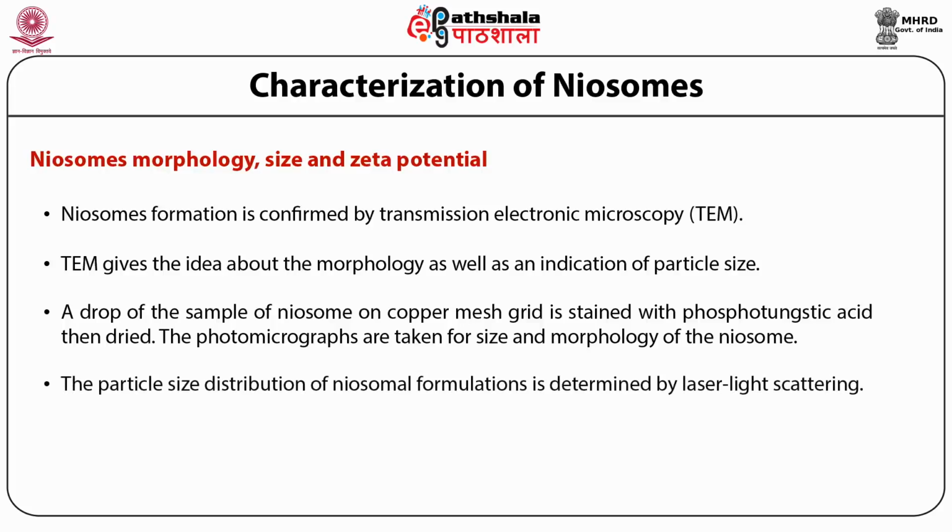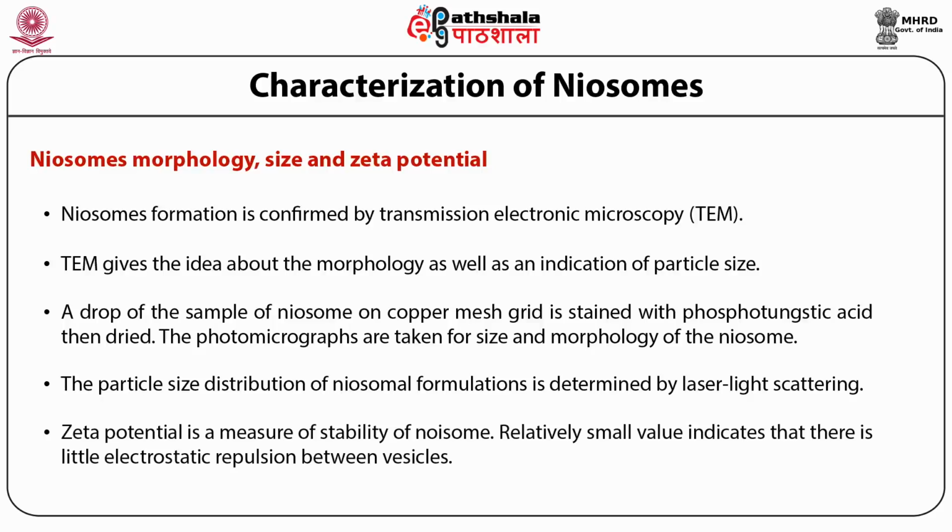The particle size distribution of neosome formulations is determined by the laser light scattering method. Zeta potential is also measured, which is an indicative of the stability of neosomes. A relatively small value of zeta potential indicates that there is little electrostatic repulsion between vesicles.